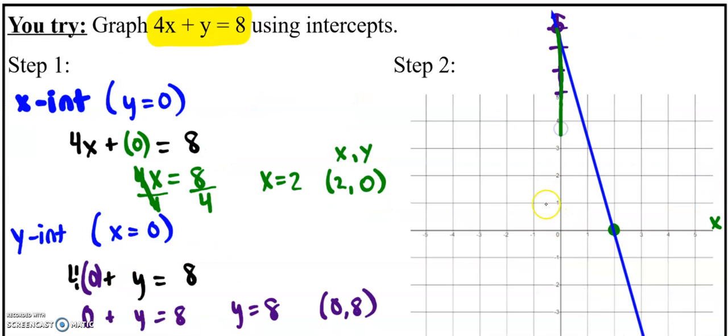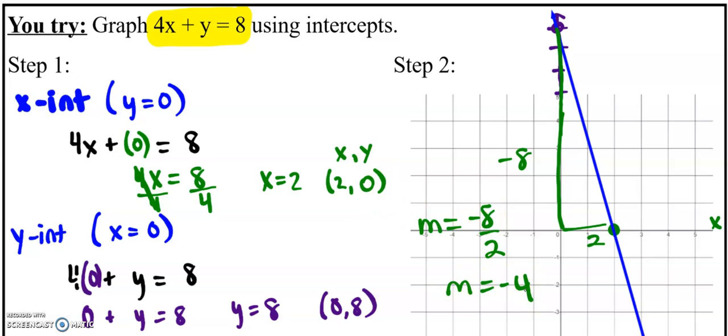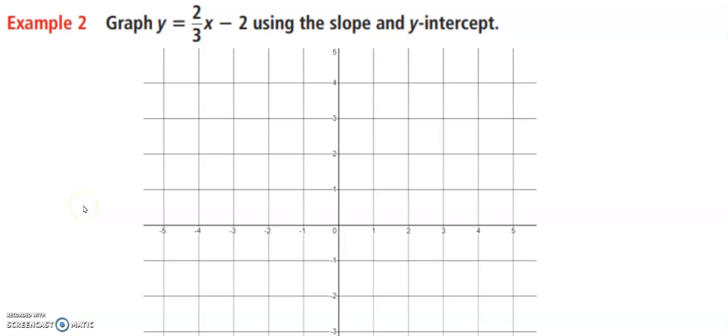Well, this one went down 8 over 2. So that's a slope of -8/2, which is really just -4. So remember that you can always count the slope even if you don't have the full equation. Okay, so what if you're given a full-on equation in slope-intercept form?